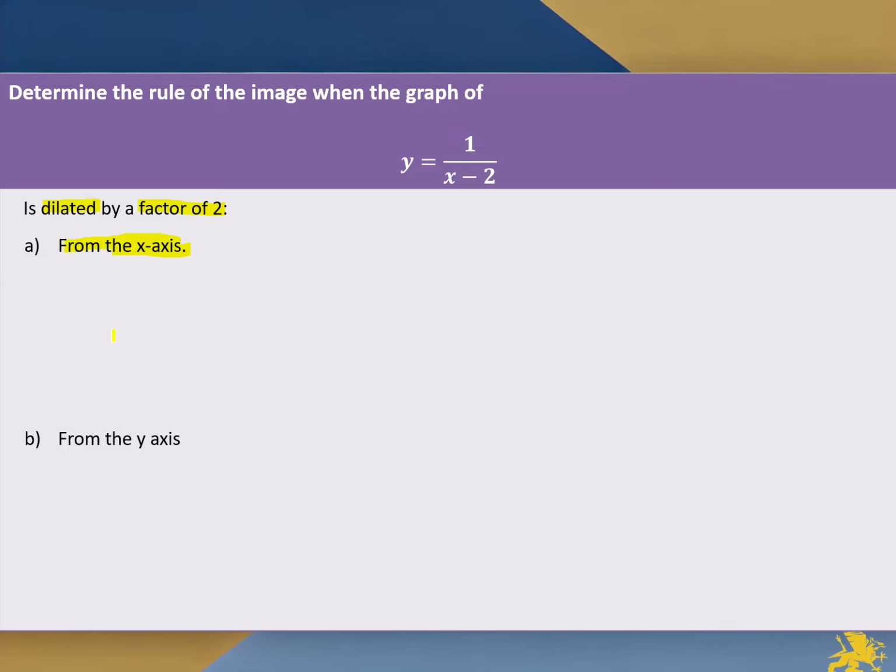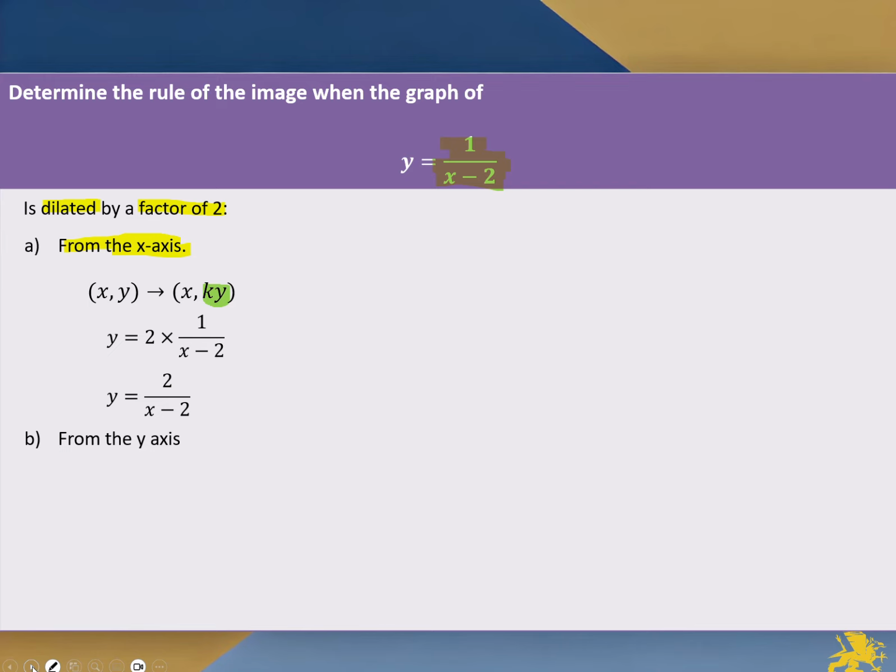So if we're talking from the x-axis, it means we're stretching away from the x-axis, so the y is being affected. The x stays the same, the y is what's changing. This is easy because in this one here, we already know, I'm just going to highlight what y is equal to. Whatever this is, we are just timesing by 2. We can simplify that, of course, and we get y is equal to 2 over x minus 2.